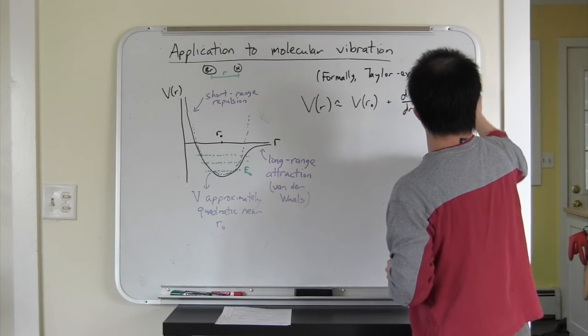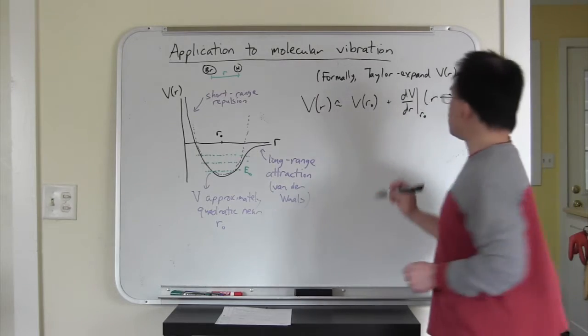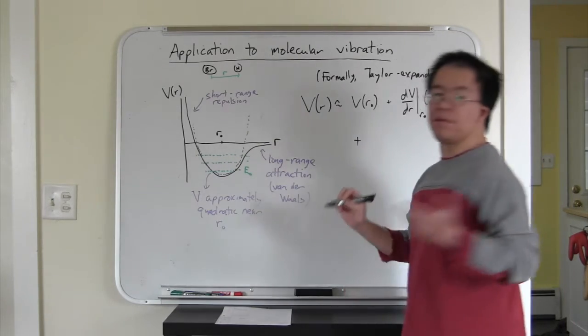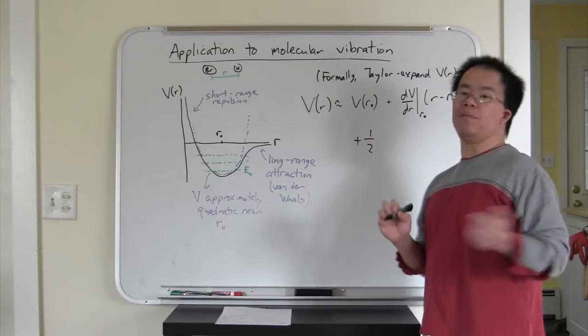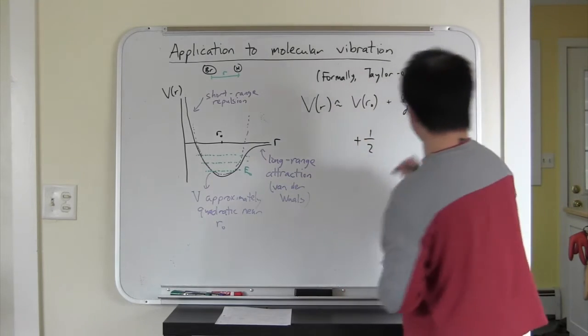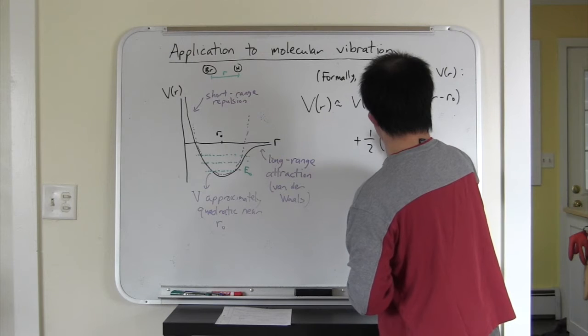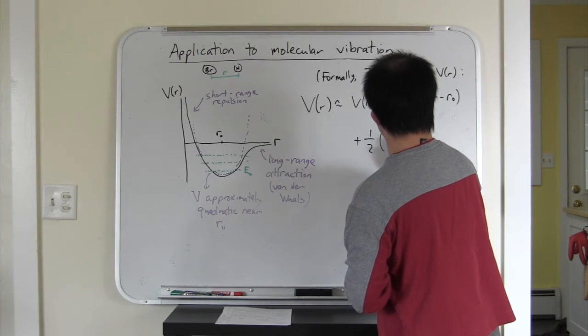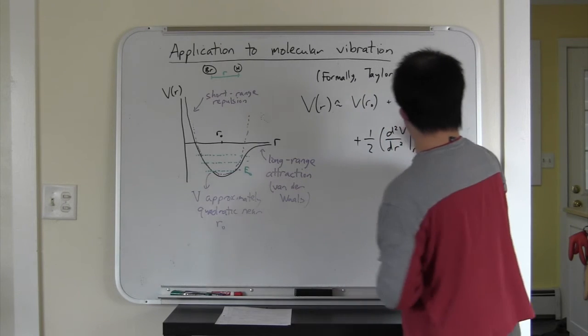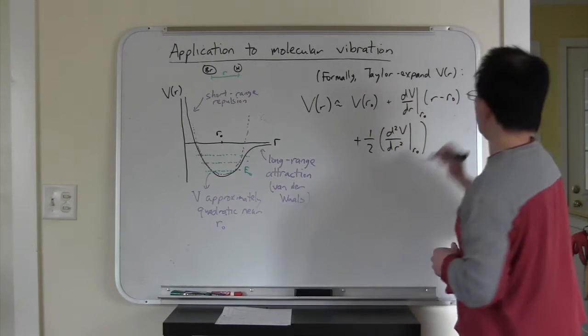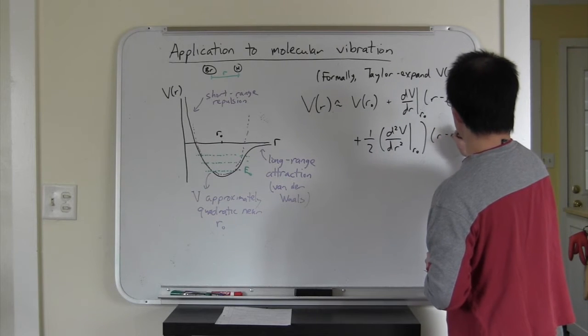And then my next order term is going to be the quadratic term in Taylor's theorem, which will go like 1/2 times the second derivative, d squared V/dr squared, evaluated at R0 times (R minus R0) squared.